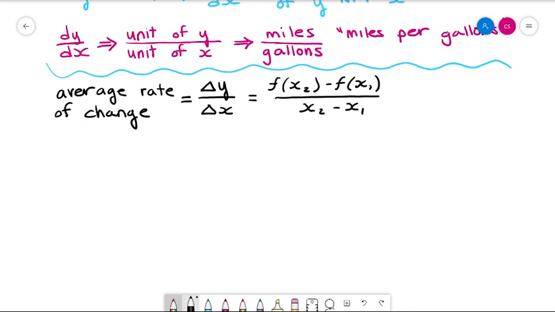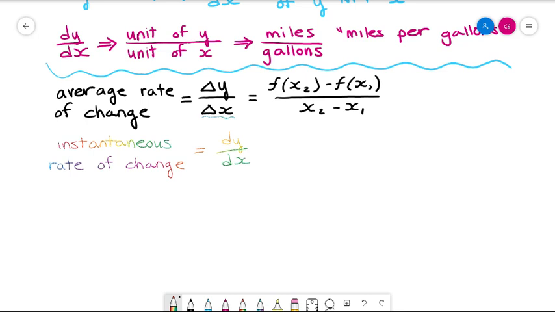Then in calculus, we started talking about the instantaneous rate of change. No longer over an interval of time. What happens in an instant? We can find that using derivatives, something like dy dx.